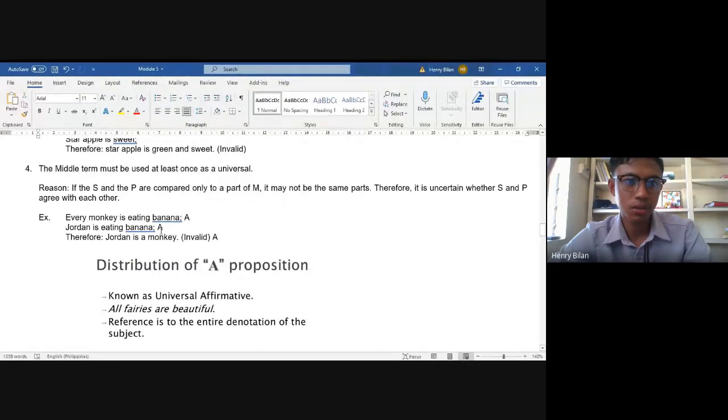So, particular. Ganun din dito kasi a proposition, undistributed din siya. So, particular. So, ang sinasabi dito dapat at least once gagamitin siyang universal. Pero dito, parehong particular. Kaya yung ating conclusion, napaka-obvious. Because Jordan cannot be a monkey. Okay? So, yun ang sinasabi natin.